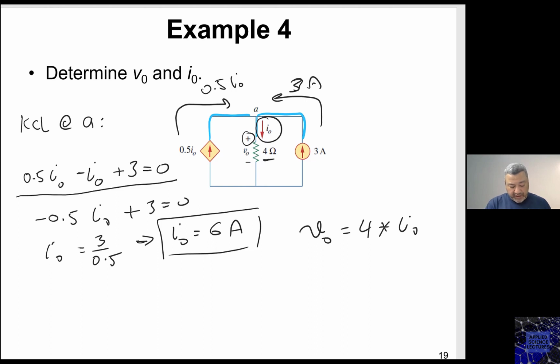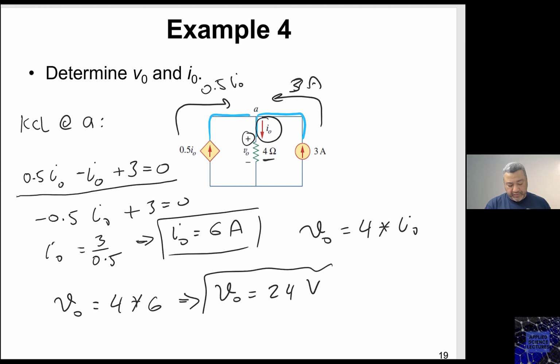So in this case, V naught equals 4 times 6, and V naught is 24 volts. So this example basically includes KCL and Ohm's law together.